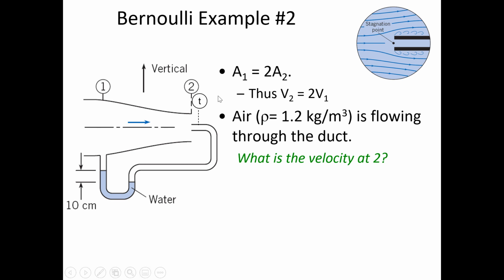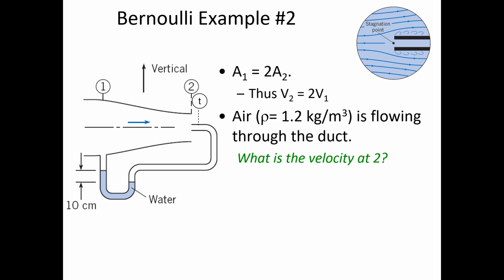Let's say that we know the area at location 1 is double the area at 2. I'm not saying the diameter, I'm saying the area. So if the area at 1 is double the area at 2, then the velocity at 2 is double the velocity at 1. How does that follow?